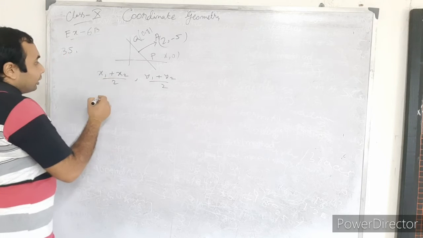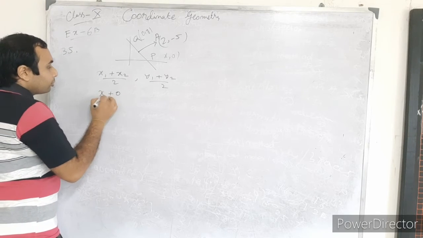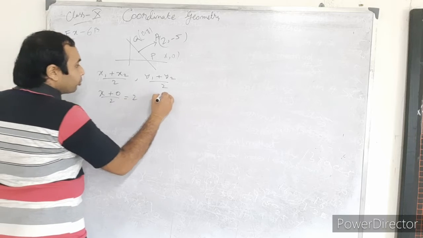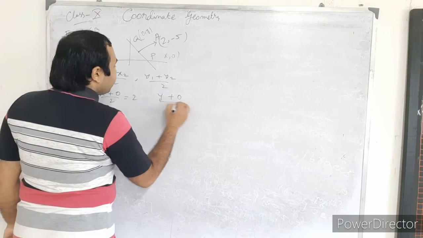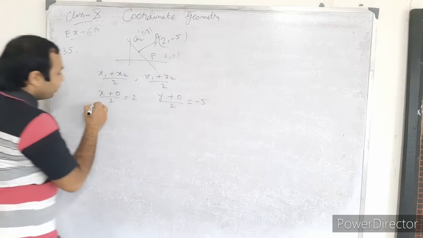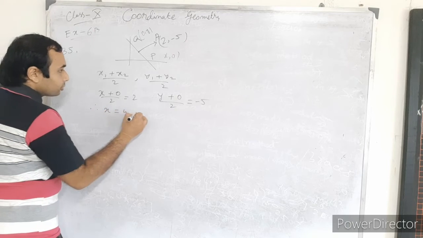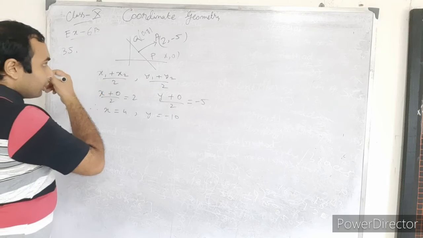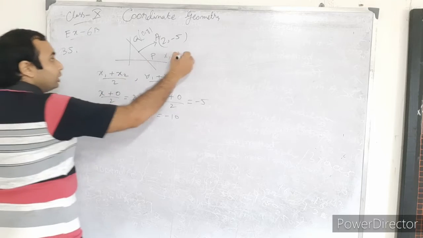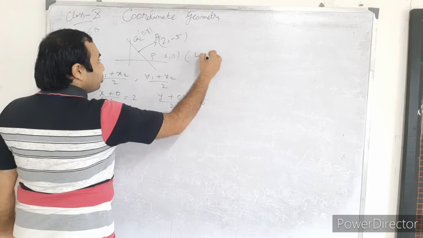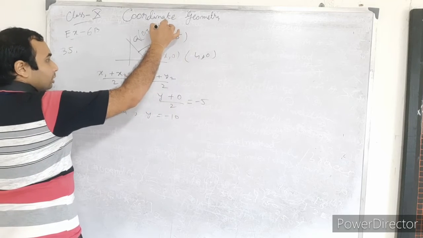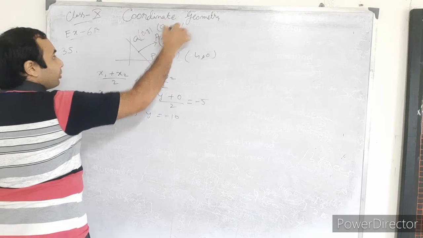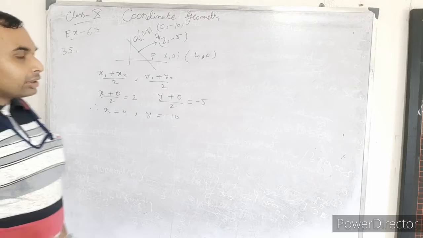So (x plus 0) by 2 equals 2 and (y plus 0) by 2 equals minus 5. Then obviously x equals 4 and y equals minus 10. So P is (4, 0) and Q is (0, -10). This is the answer.